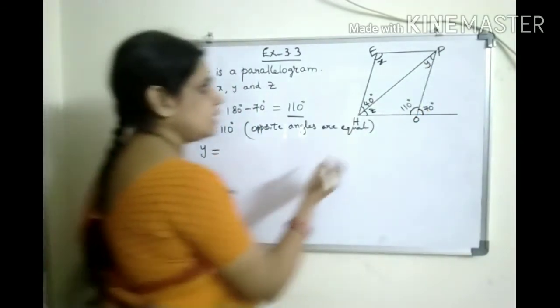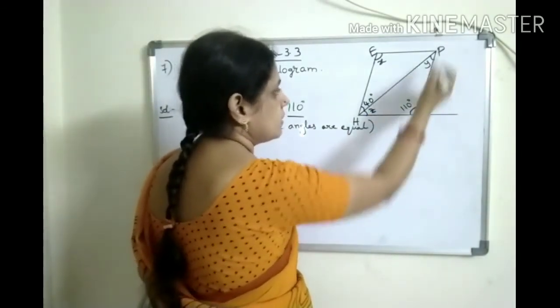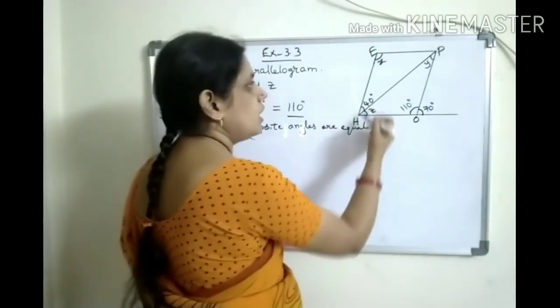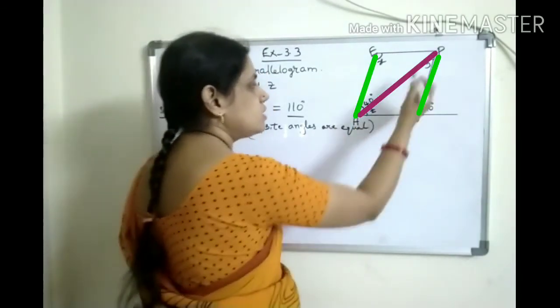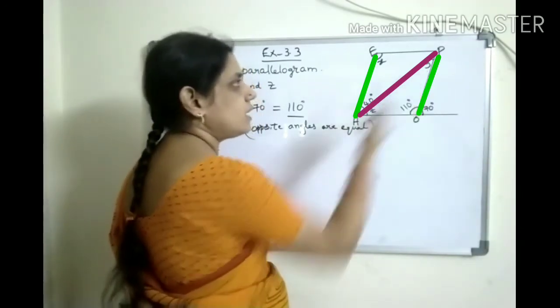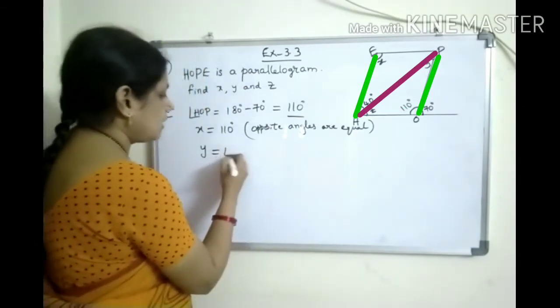Now let us calculate y. If you observe, OP and HE are parallel lines, and HP is a transversal. Then these two are alternate interior angles. Alternate interior angles are equal.